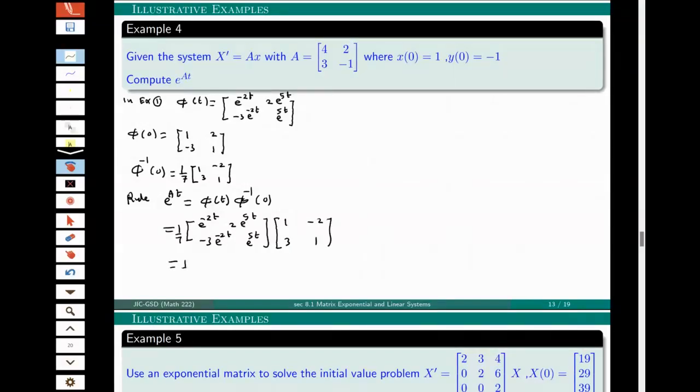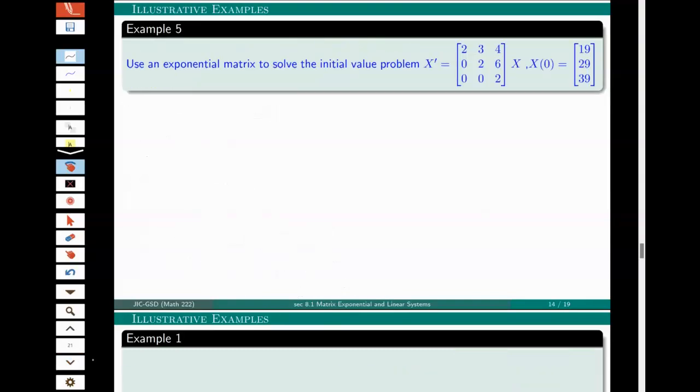Now, when we multiply this, we get e to the power minus 2t plus 6 e to the power 5t, then minus 2 e to the power minus 2t plus 2 e to the power 5t, and that will be minus 3 e to the power minus 2t plus 3 e to the power 5t, and that will be 6 e to the power minus 2t plus e to the power 5t. We just multiply these two matrices.